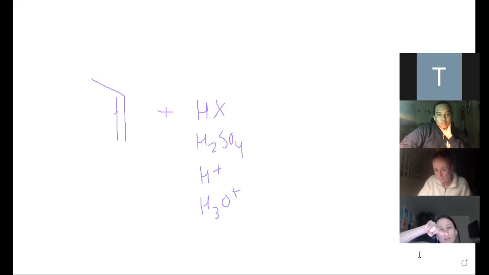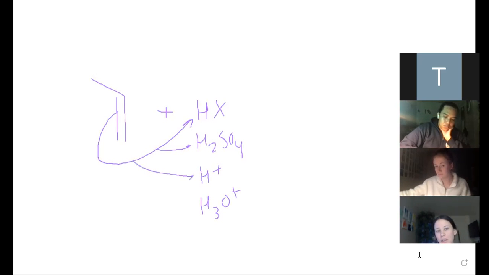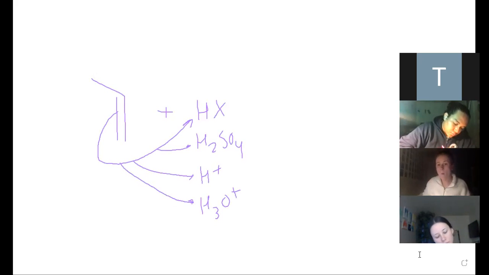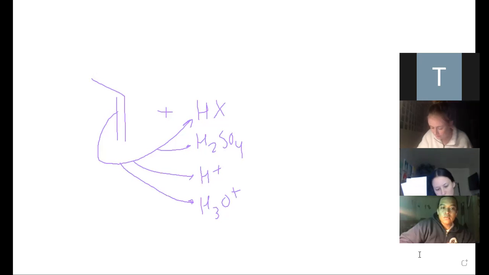The pi bond attacks the hydrogen, and then the hydrogen attacks the... Nope. All it does is take the proton. Oh. That's all it's going to do in that first step. Anytime you have any type of acid, like a proton in there. There are some other reactions when you do radical additions and stuff like that. But by and large, when you just have this proton here, it is simply going to grab that proton.